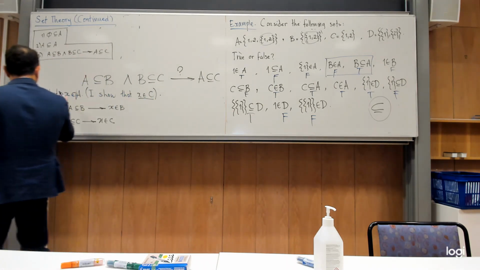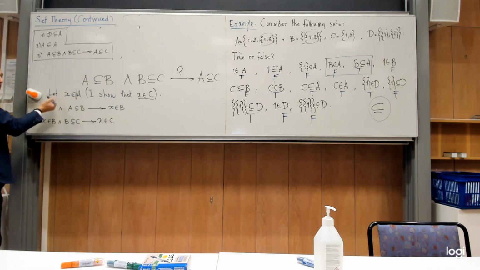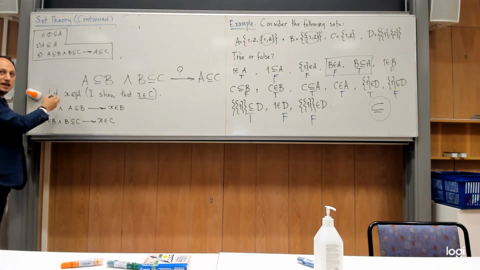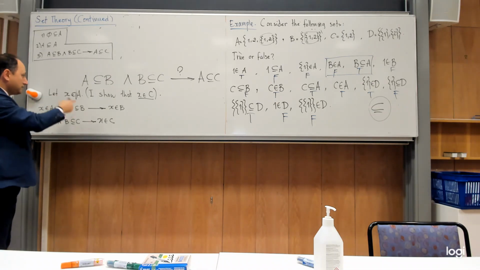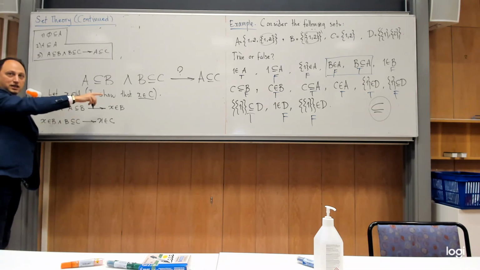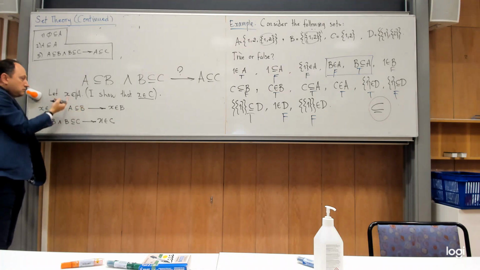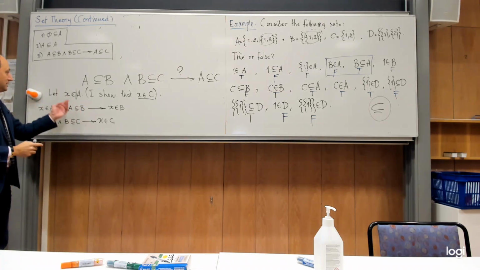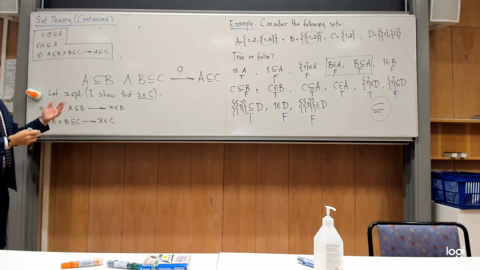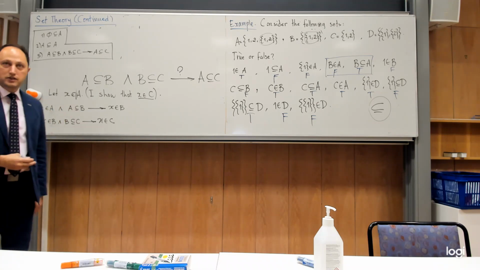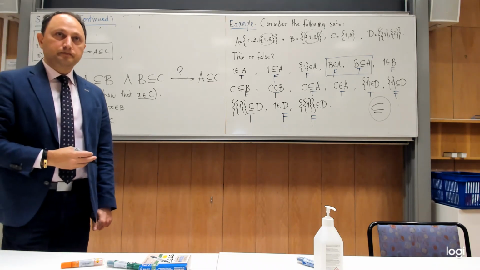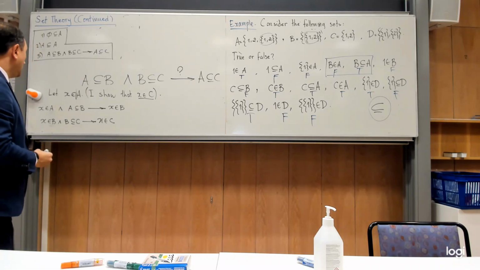But usually in a mathematics text you don't see the word arbitrary. So we say that let X be an element of A. I try to show that this particular X belongs to C, but in this kind of reasoning, the name of this is not important at all. So I can repeat this process for all X's.